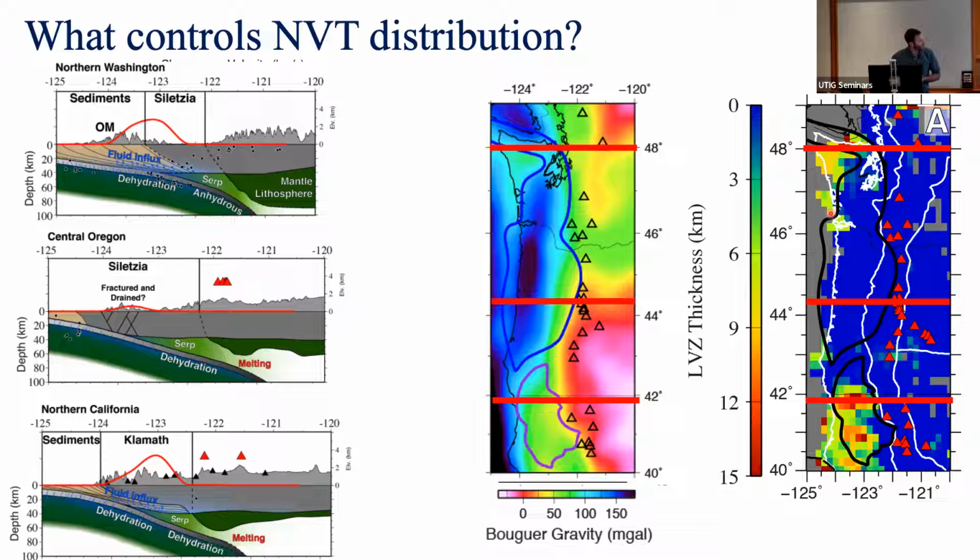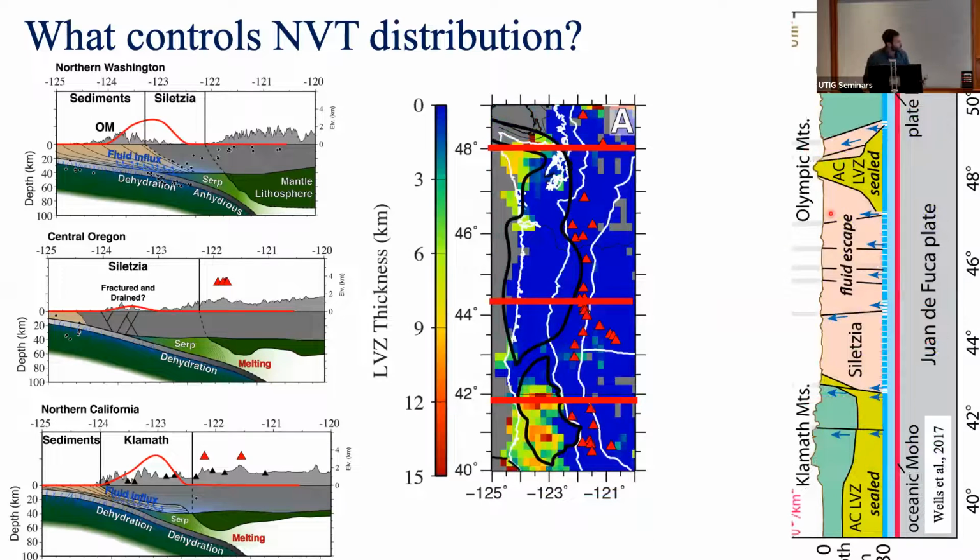So how does this relate to the distribution of tremor? Ray Wells and others put forward this hypothesis in 2017 that in these areas where we have these thick zones of underthrust or basally accreted sediments, these act as vertically impermeable boundaries, so we can more easily build up our pore fluid pressures in these southern and northernmost portions.